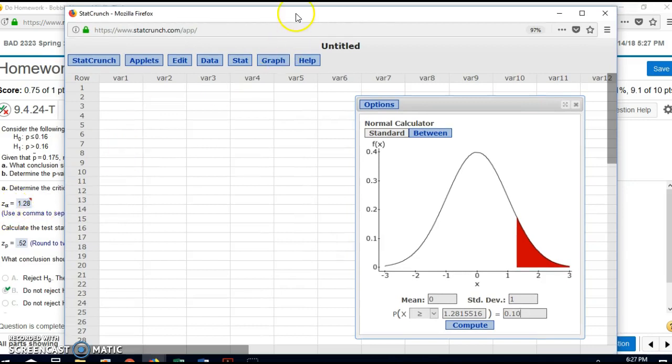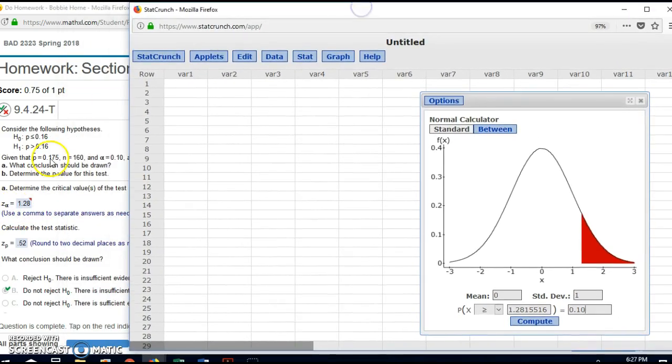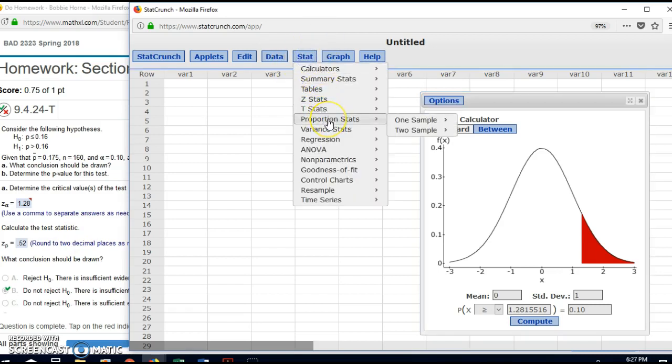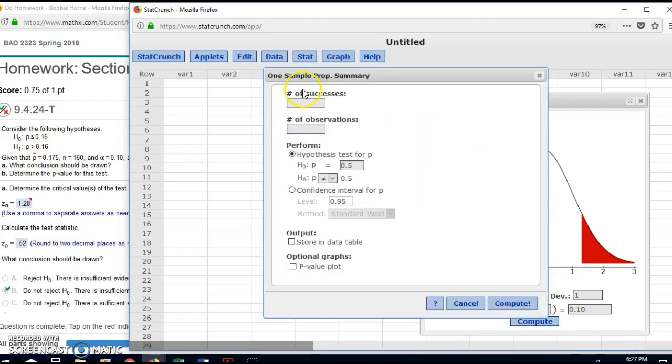1.28. Now, to get the actual test statistic, what you need to do is go to proportion stats, because this is a proportion, and go to one sample with summary. And the number of successes, to get that number, I haven't done this, so I will have to calculate this. The successes is 0.175 of 160.